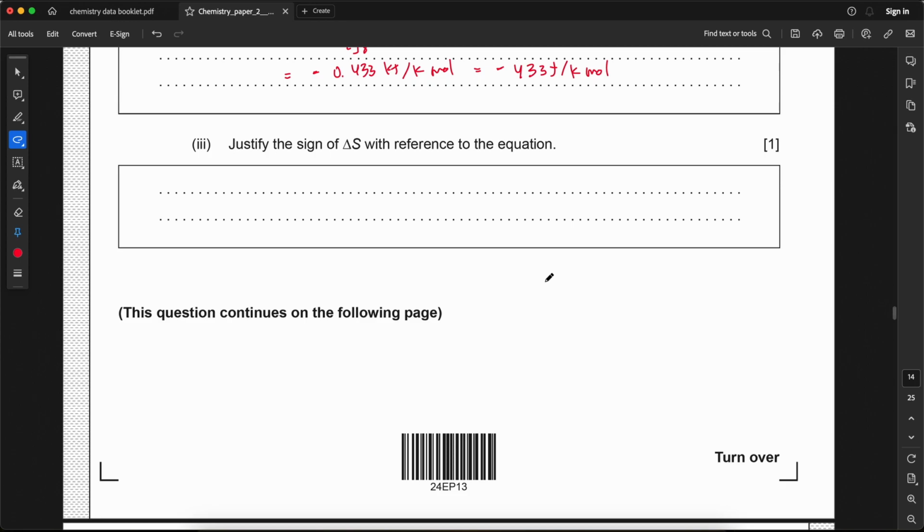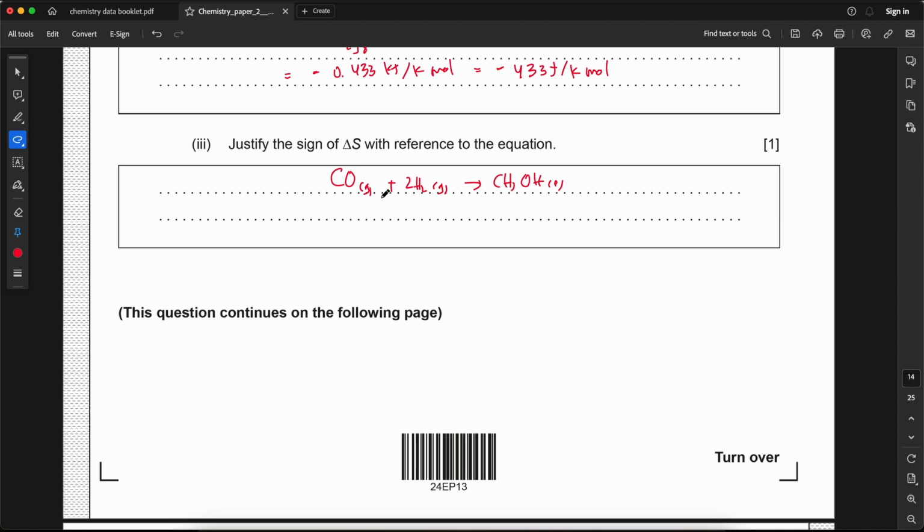Justify the sign of delta S with reference to the equation. The equation is CO gas plus 2H2 gas produce CH3OH liquid. Entropy will increase from solid to liquid and then to gas, and it will decrease from gas to liquid and then to solid.